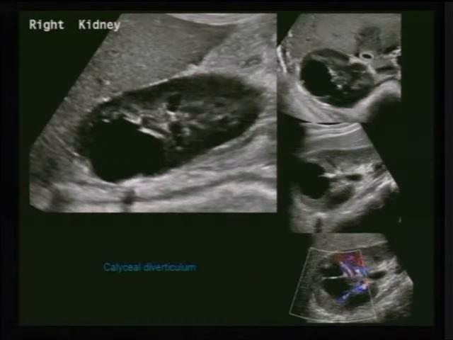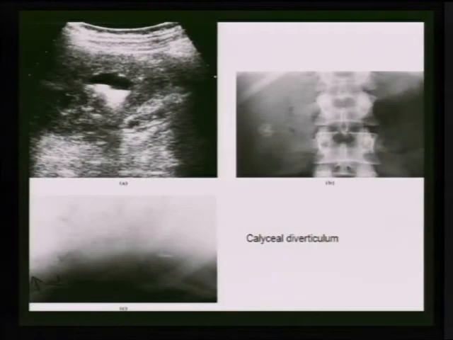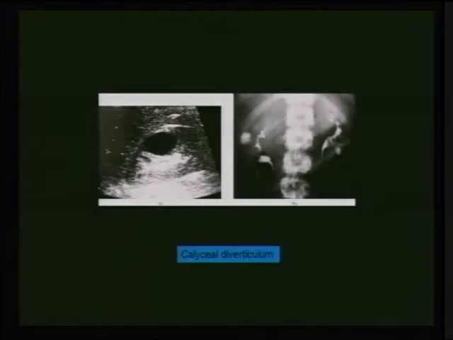How can we be sure that this is calyceal diverticulum? Calyceal diverticulum is connected to the calyx. Sometimes you see what we call milk of calcium, fluid, and if you have old images like those, you may see the fluid of the milk of calcium in the decubitus image.